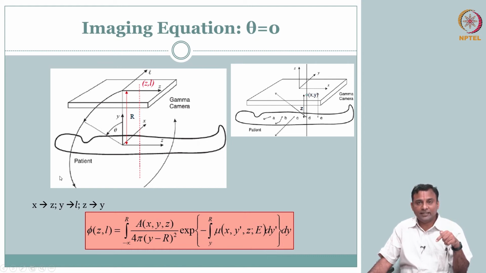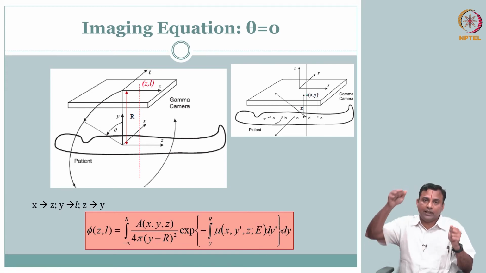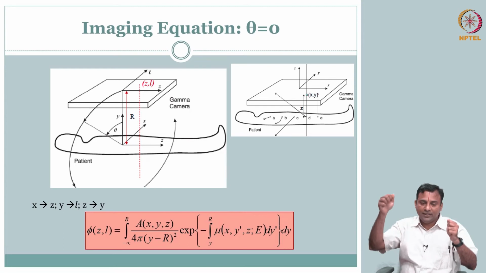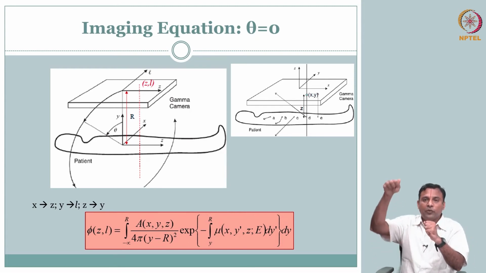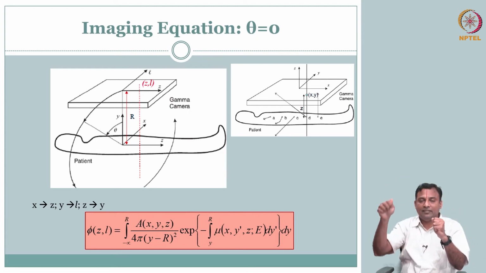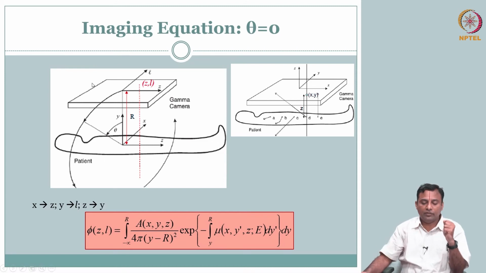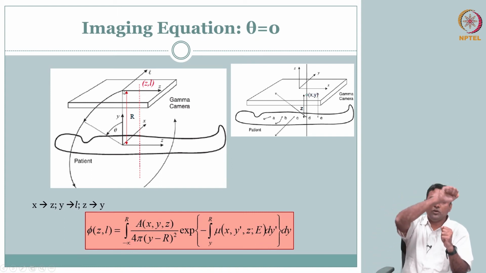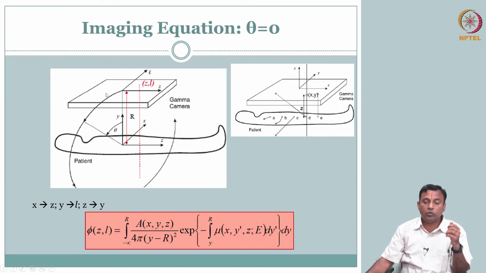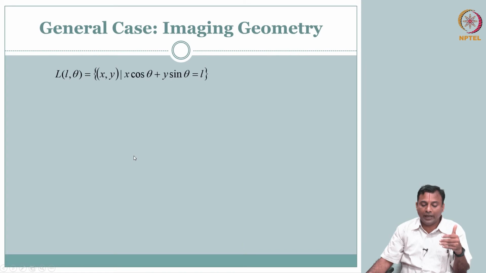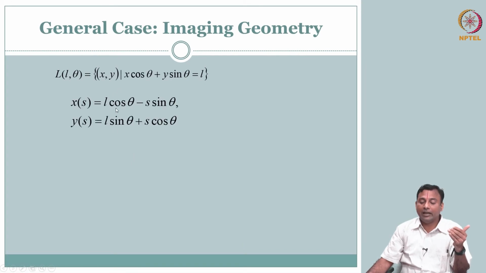That is a subtle but important difference here, because unlike your CT where the source and detector moved around the patient, here the source is within the body and only the detector is moving. So, your line integral, if it is at 0, goes through your y direction, whereas if you move around, it may go through some other direction. So, this is not right. We would like to write it such that we account for that.